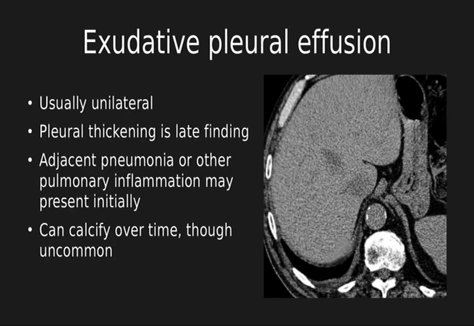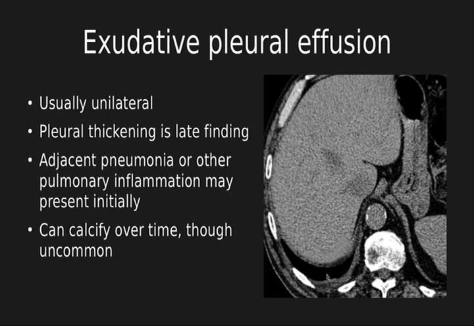One of the primary causes of pleural thickening is the exudative pleural effusion, which is most commonly unilateral. The pleural thickening is more a late finding.